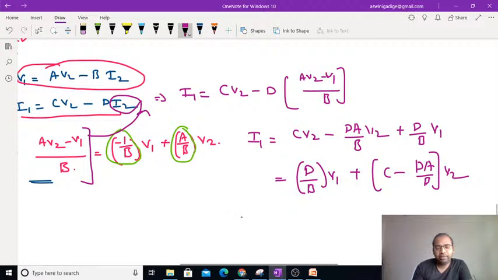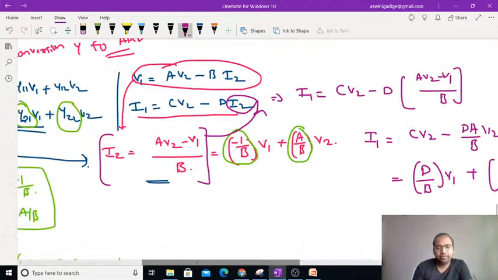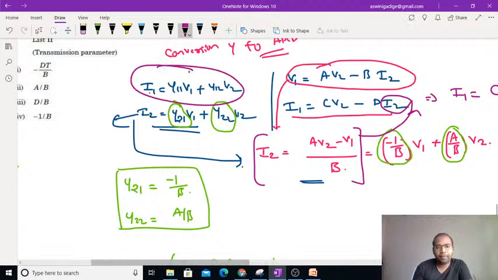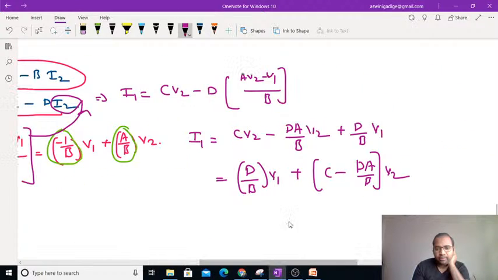So now compare this equation with I1 equal to the V1 coefficient and V2 coefficient.